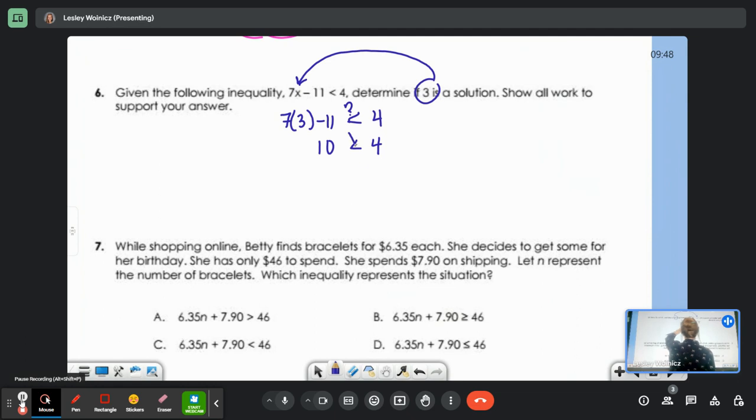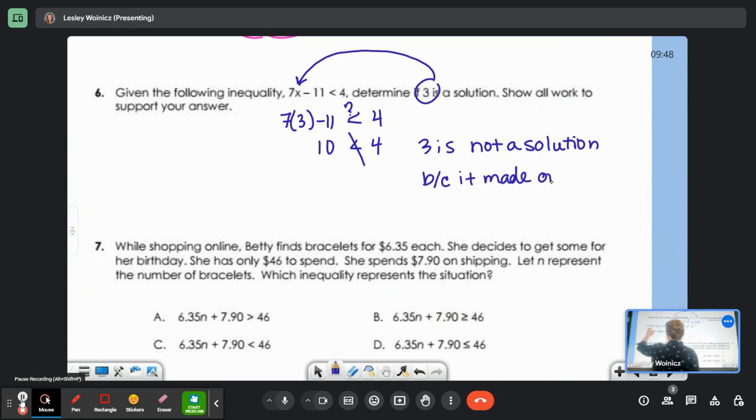No. So we're going to say 3 is not a solution. Because why? Right. Did it make our inequality true? No. It made our inequality false.